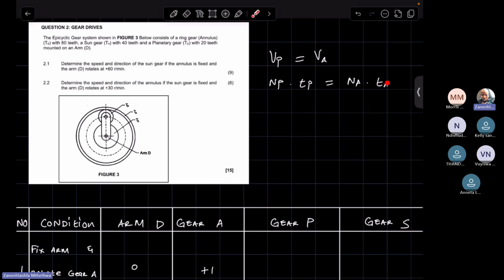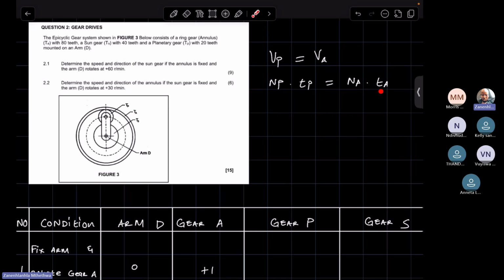So essentially, this is what I mean by establish the relation between the two gears. The circumferential velocity of gear P is equal to the circumferential velocity of the annulus gear. So that's the first one. Establish relationship between the gears in mesh.